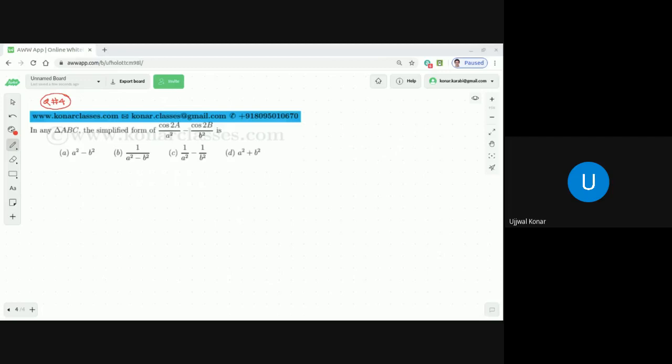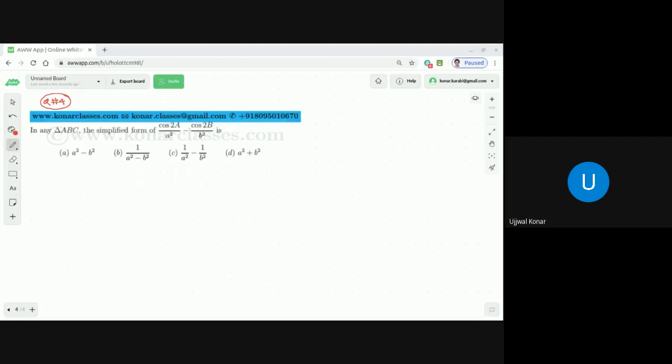First and foremost thing that comes to our mind is what formula we can use to solve it. If you see, there is no direct formula for cos 2A in terms of the properties of triangles, right?